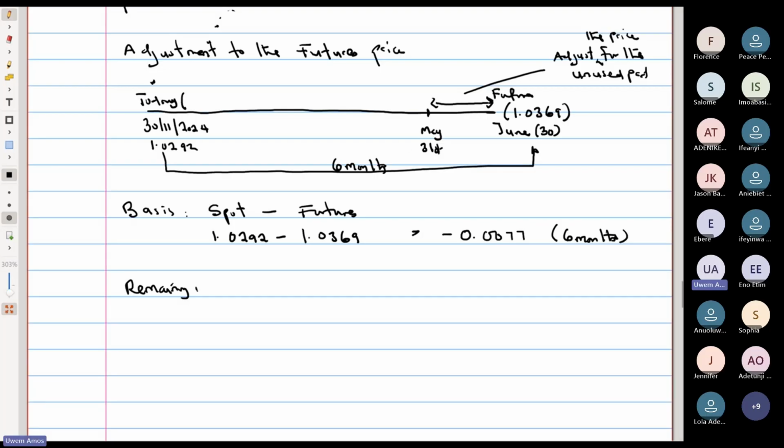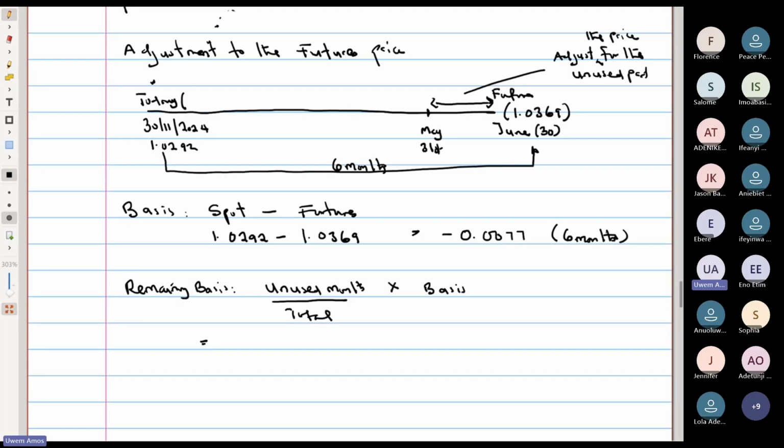So our remaining basis, which is the unused part, would be the unused month divided by the total months, or the duration, multiplied by the basis.